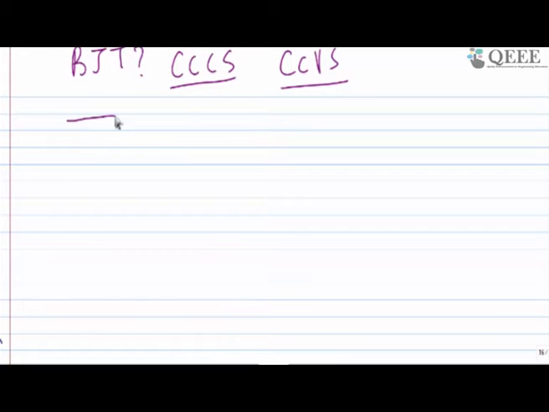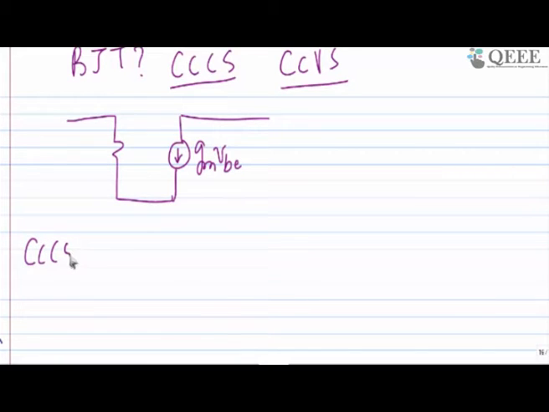So if you are looking at this model, the old model without early effect voltage, it looks like this one. And CCCS is the one where your input impedance is 0 and output impedance is infinity.